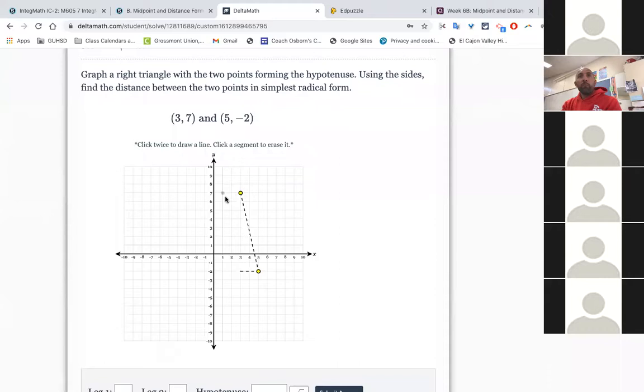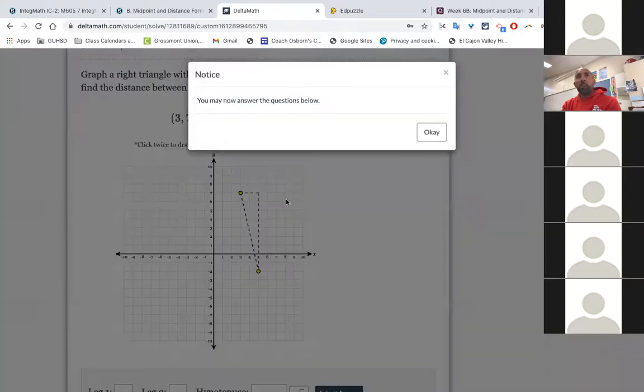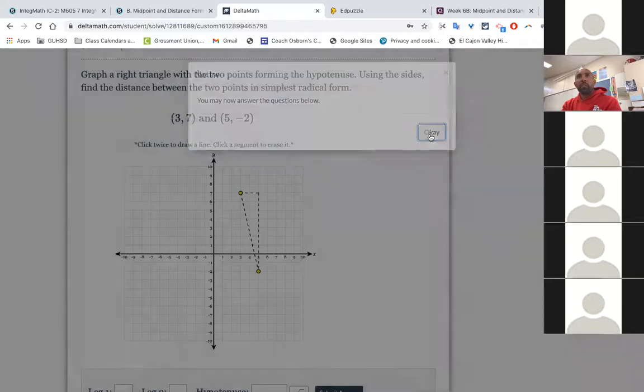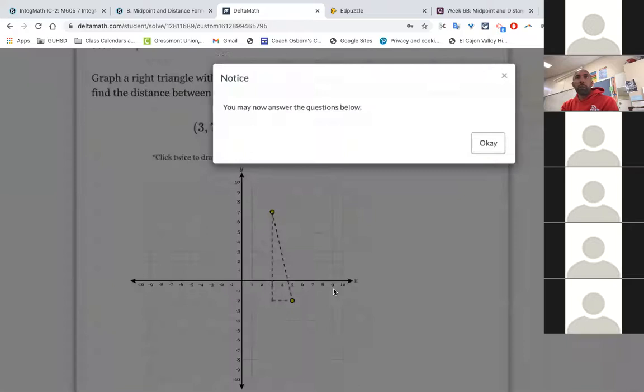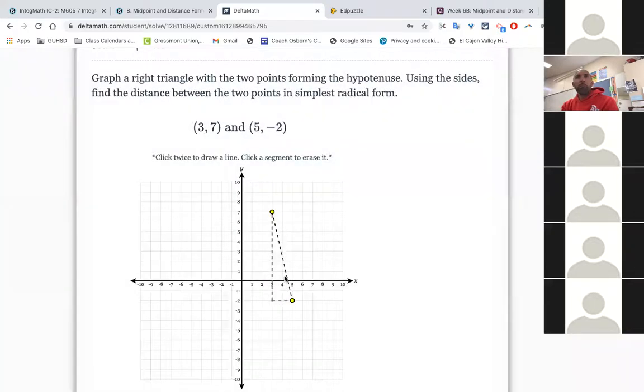Another way, let me actually cancel that out, is if I do the right triangle this way. So I can go on either side of that line and create a right triangle. Doesn't matter which way you do it. I'm just going to go ahead and do it this way.